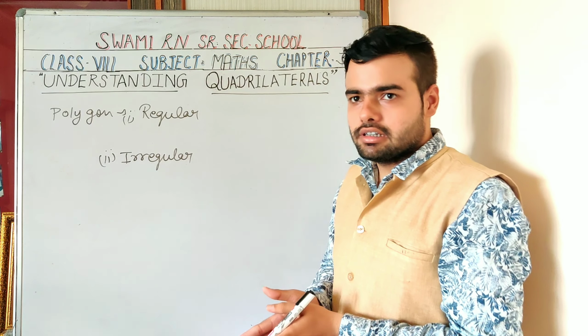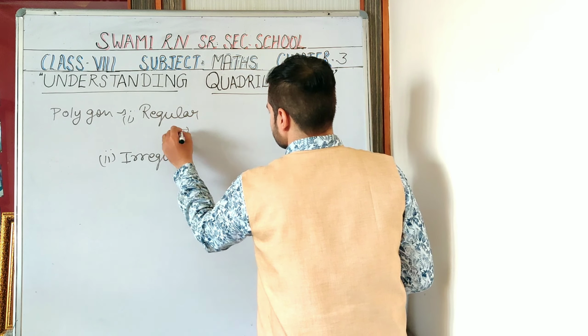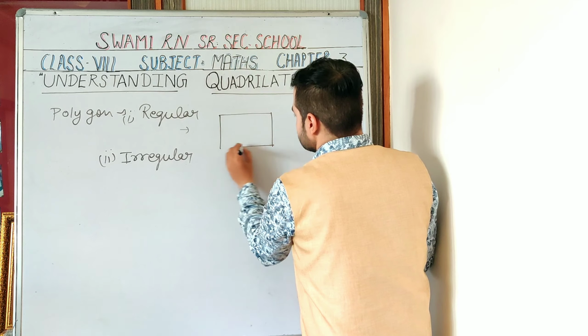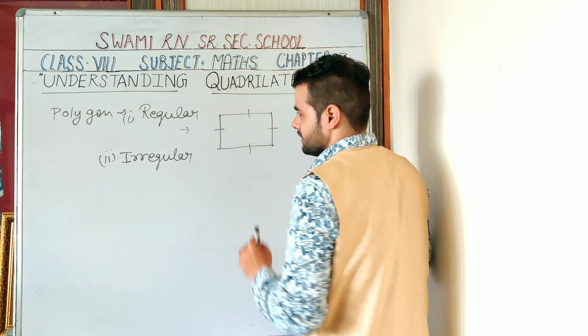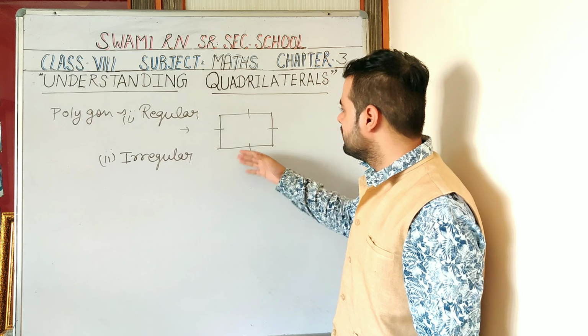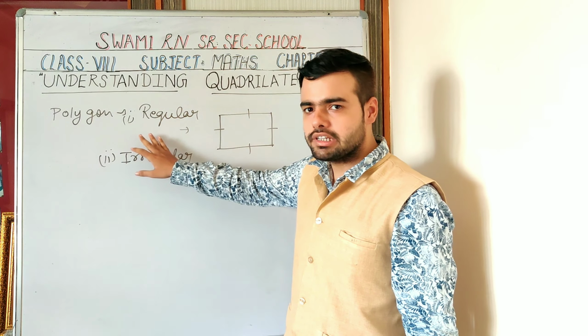Now, what are regular and irregular polygons? Regular polygons are those in which all the sides are equal to each other. For example, a square. In a square all sides are equal, so that is known as a regular polygon.